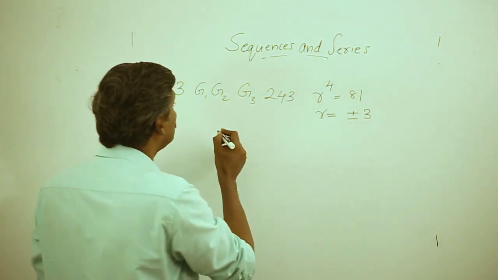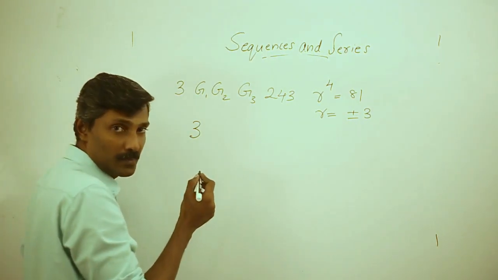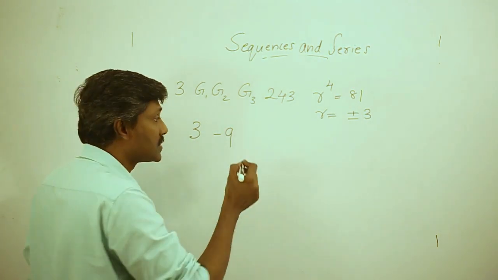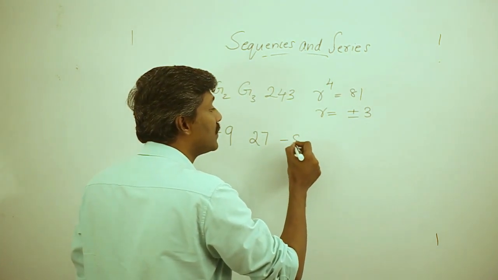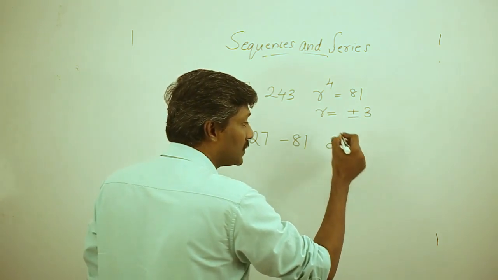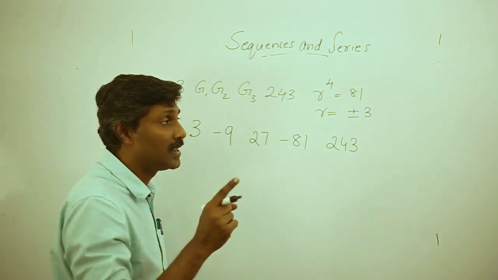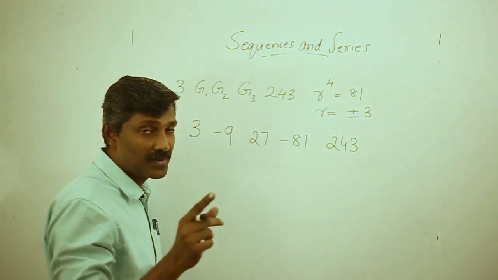So if R is minus 3, then the sequence is 3, then multiply 3 by minus 3, which is minus 9. Again multiply that by minus 3, which is 27. Multiply again by minus 3, which is minus 81. Again into minus 3, you get 243. Make sure that you don't forget to take both the plus sign and the minus sign. So you have two different sequences.